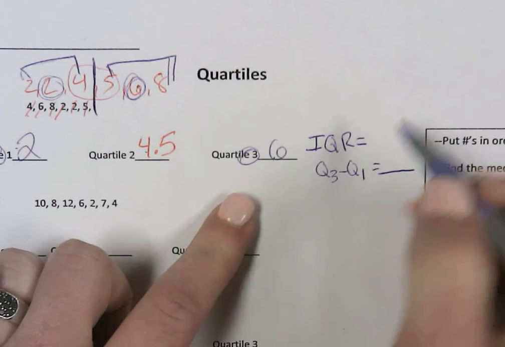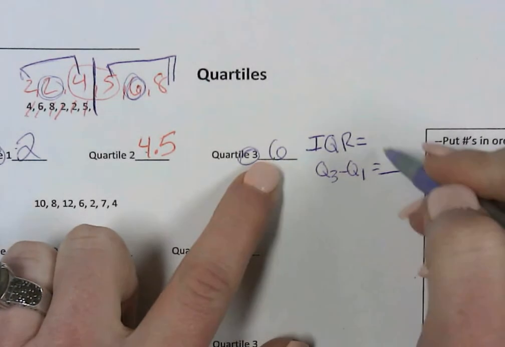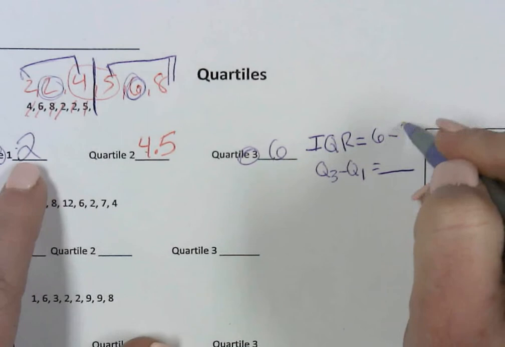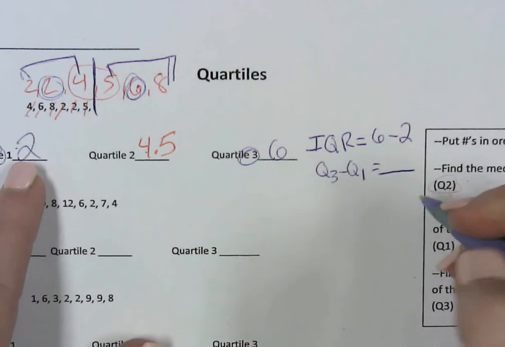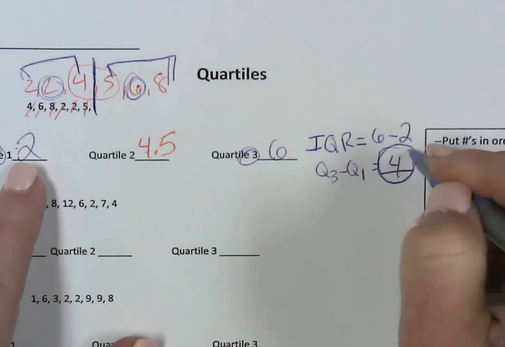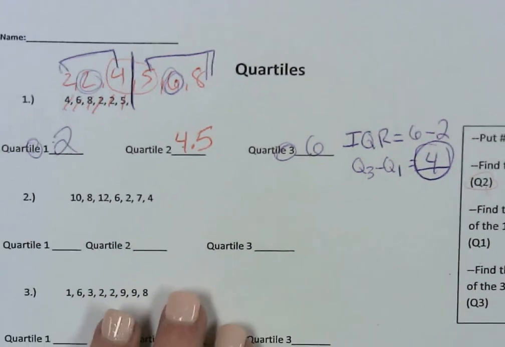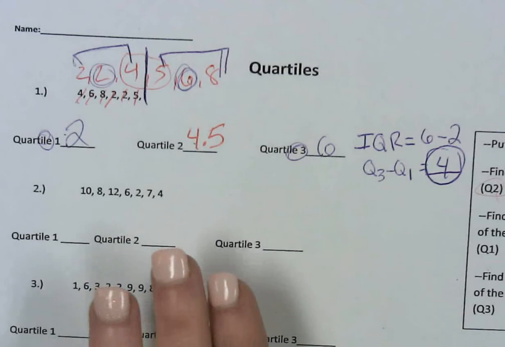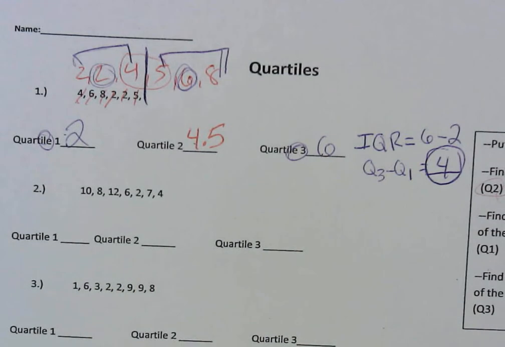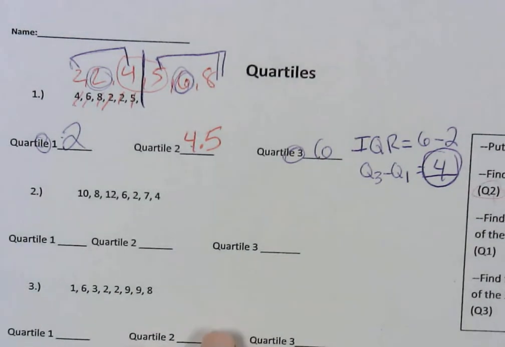Well, our Q3 number is 6, Q1 number is 2, and we know 6 minus 2 is 4. Now, it's really important we understand how to find these because later on, we're going to have to use these numbers in order to graph a certain way. So stay with me here.